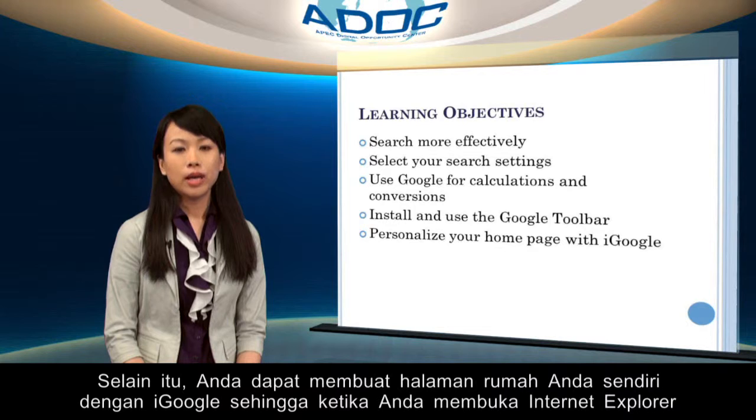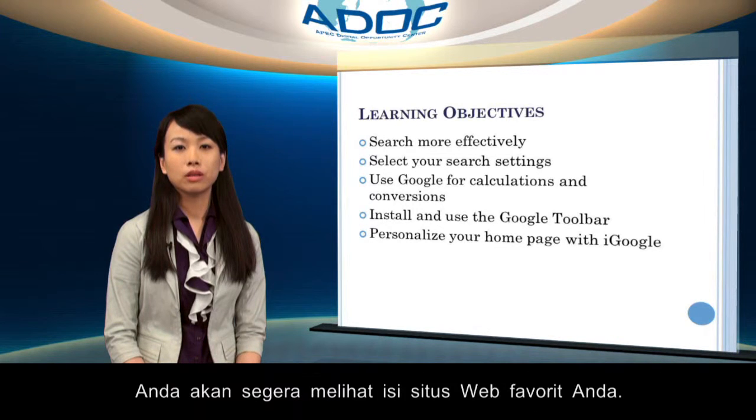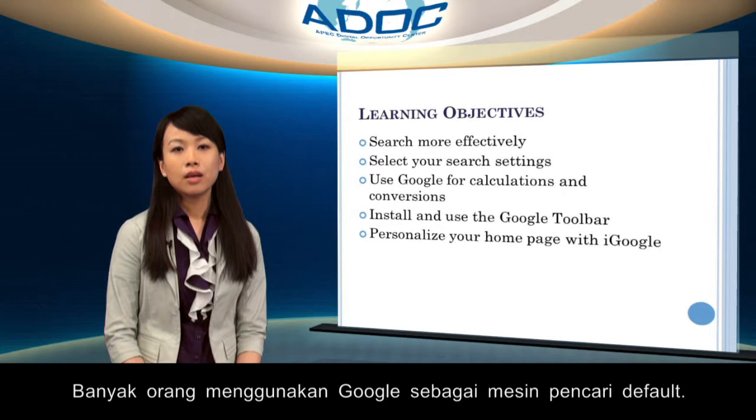Additionally, you can create your own homepage with iGoogle so that when you open Internet Explorer, you will immediately see the contents of your favorite websites. Many people use Google as their default search engine.